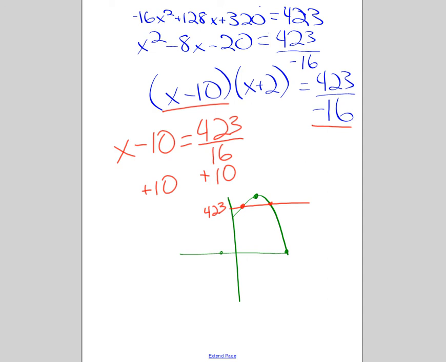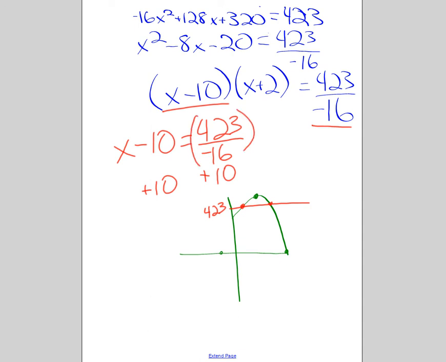423 divided by 16. This isn't right. Something's wrong. Okay, hold on. This is negative 16. My bad. Because otherwise those numbers would be different. That's going to change it a lot. Divided by negative 16. Make sure you divide this first.